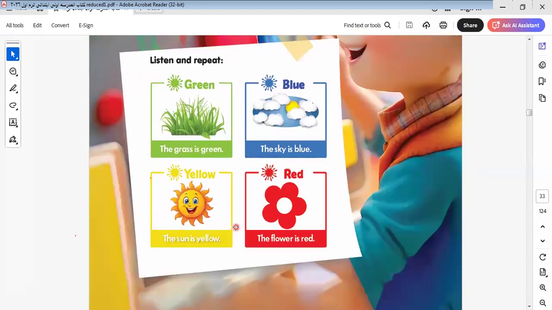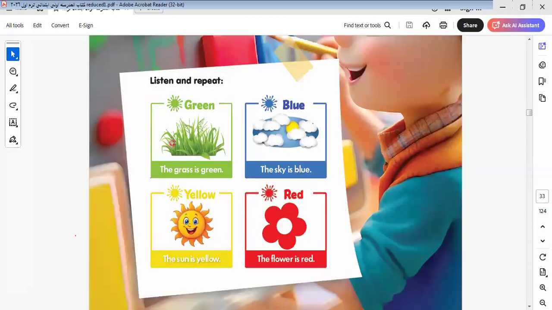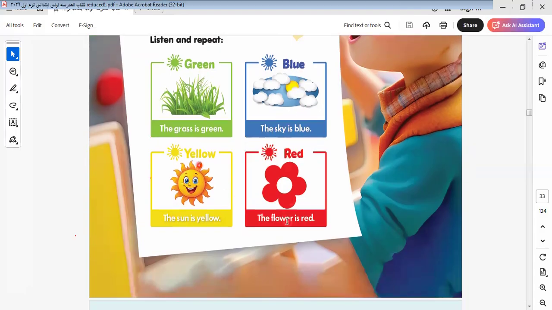Here we have the colors that we learned in this unit. In this unit, we learn the green color. Here is green. The grass is green. The sky is blue.